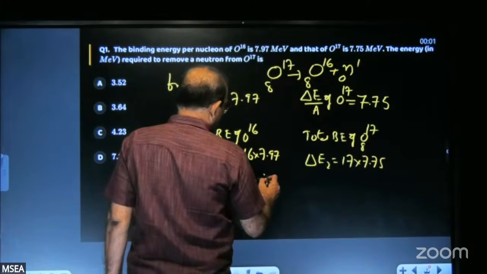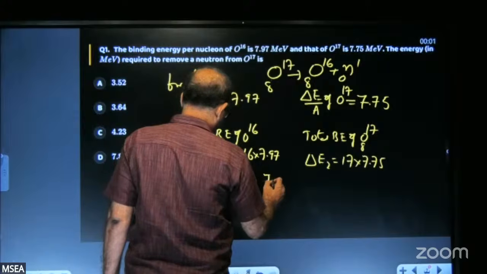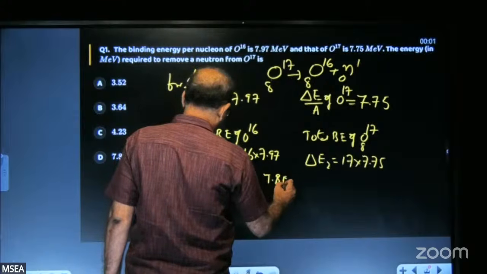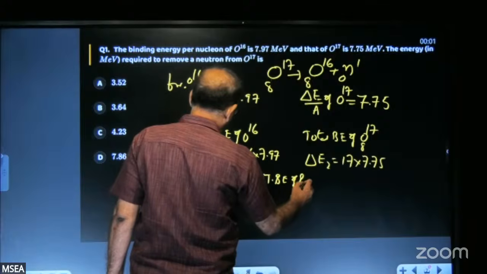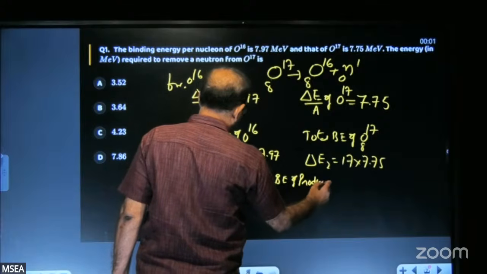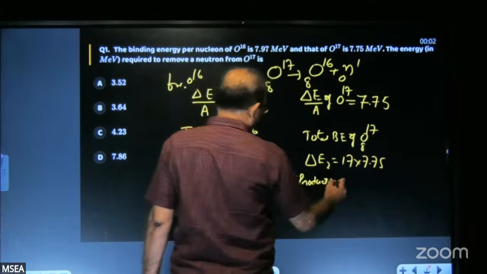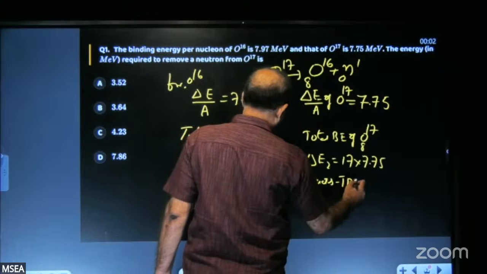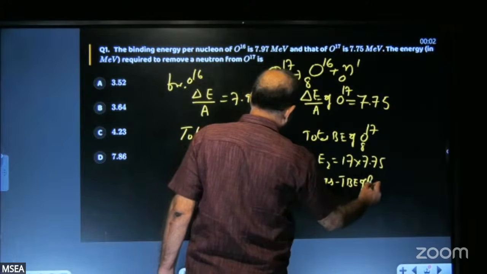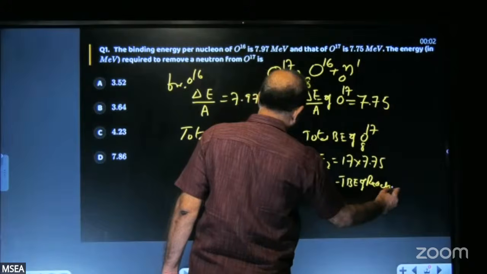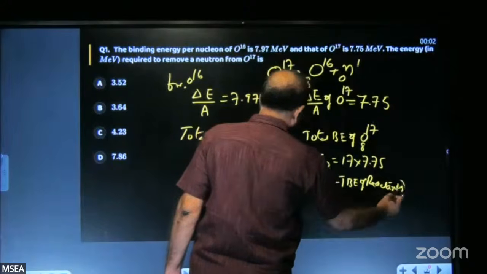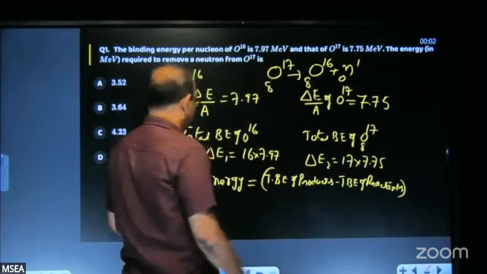Subtract that. Total binding energy of products minus total binding energy of reactants will give you energy release.